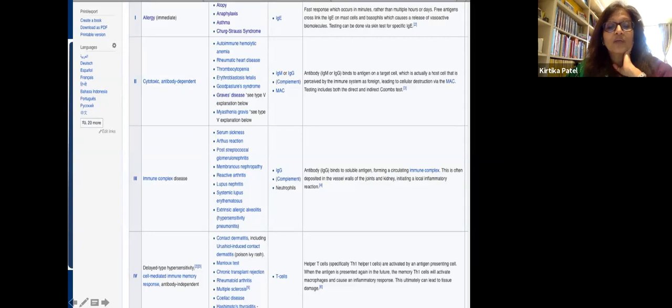Type 4, you have contact dermatitis. Anybody allergic to anything? I have a patient who, whenever they wear a particular type of fabric, just breaks out in a rash. So it could be due to the material, it could be due to soap, or it could be due to poison ivy, which is a classic example.